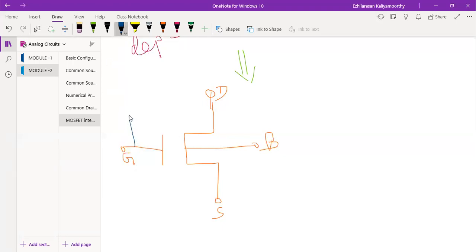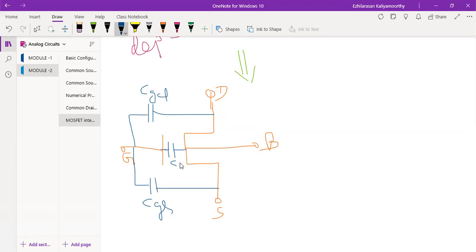From here, there is one capacitance, named CGD, the capacitance between gate and drain. Next, the capacitance here is between gate and source, which I call CGS. Next, between gate and the bulk or channel, this is a channel actually, so here we will have one more capacitance.